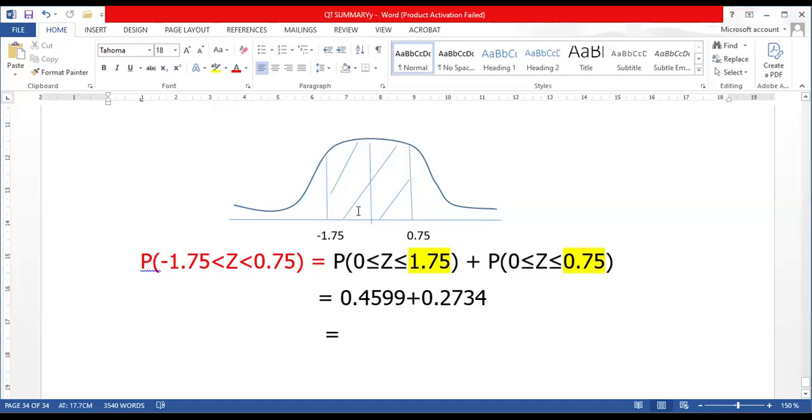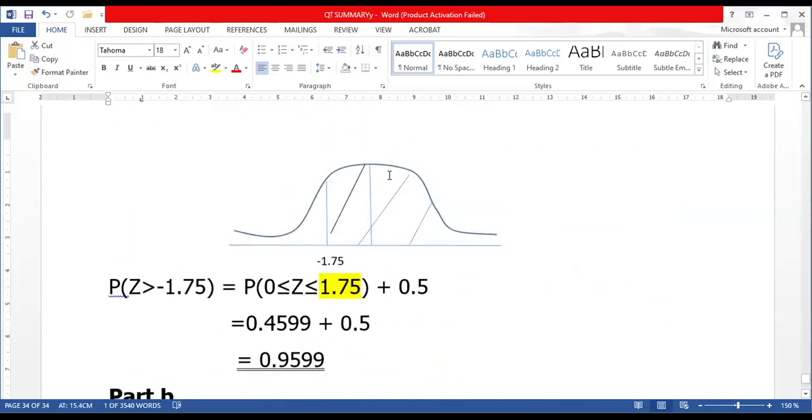That is the first. Then add from here to 0.5.